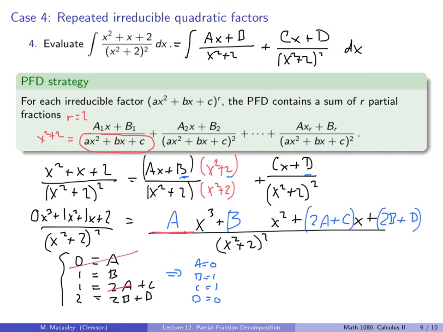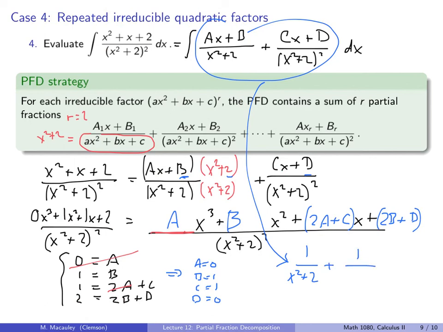So that's interesting. This whole fraction turns into 1 over x squared plus 2 plus x over x squared plus 2 quantity squared. Okay, so that's nice.